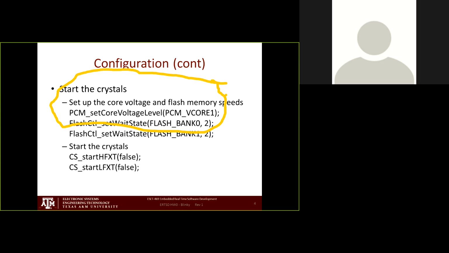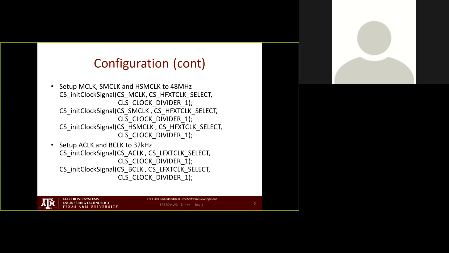This processor can run at multiple speeds and multiple voltages. If you do not set the core voltage and the flash wait states properly when you set this crystal running full speed ahead, the processor may work, it may not. It's going to do weird things.